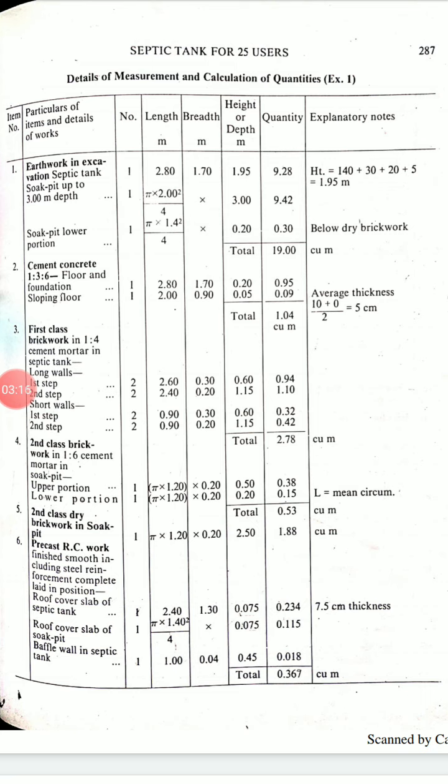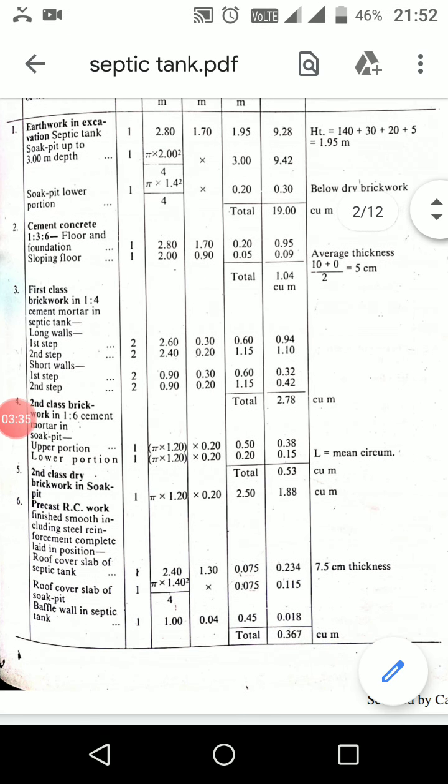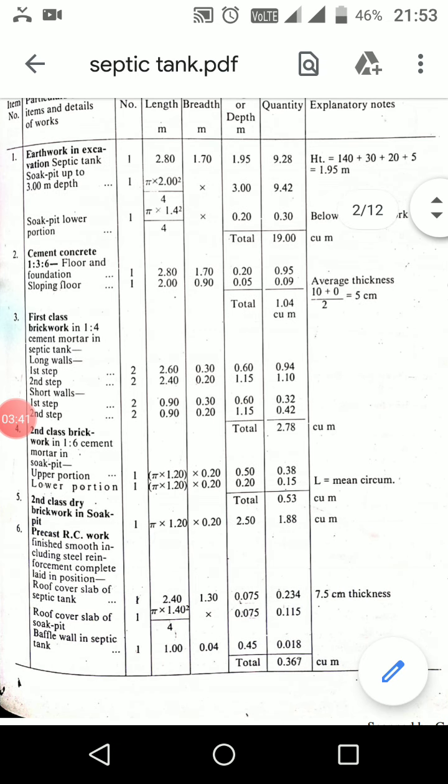As there is only a single septic tank here, you should write only one number of septic tank, and the length is taken as 2.8 meters, the breadth is 1.7 meters, and the height is 1.95 meters. See in the figure, just keep in mind, length is 2.8 meters, breadth is 1.7 meters and height is 1.95.